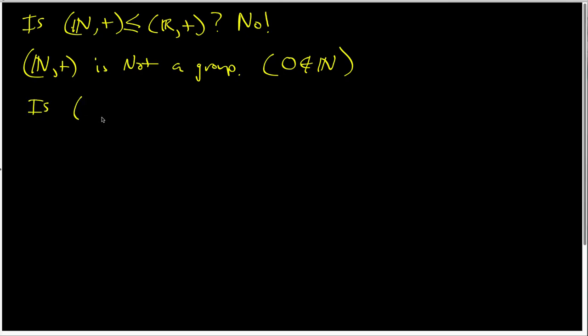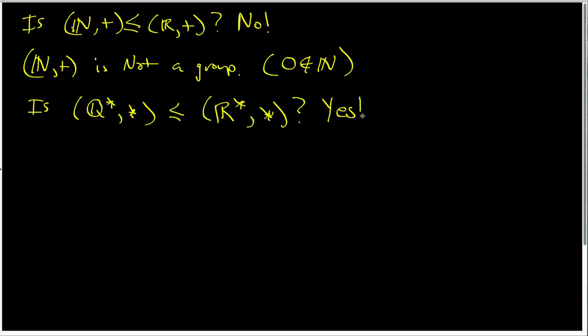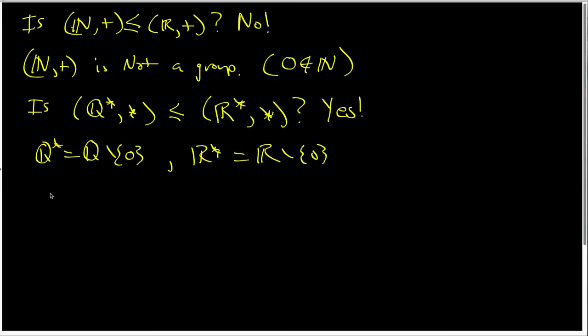Okay, let's look at another example. Let's look at Q star under times. Is that a subgroup of R star under times? And the answer to this question is yes. And I want to remind you that Q star is just Q take away 0, and R star is R take away 0.